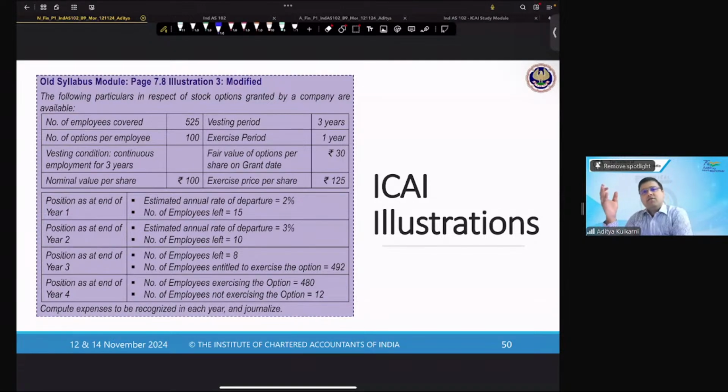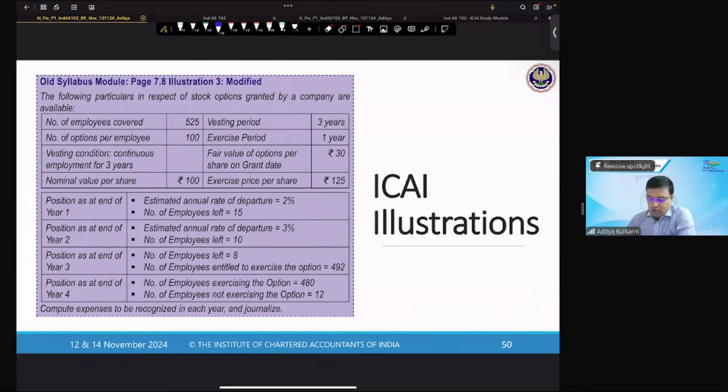This is not the old syllabus per se, like the syllabuses that changed recently. This is almost 11 to 12 years back, more than that in fact, when we were studying. But the principles remain the same. But this question is very interesting. That is why it's put in as a very interesting and nice question.